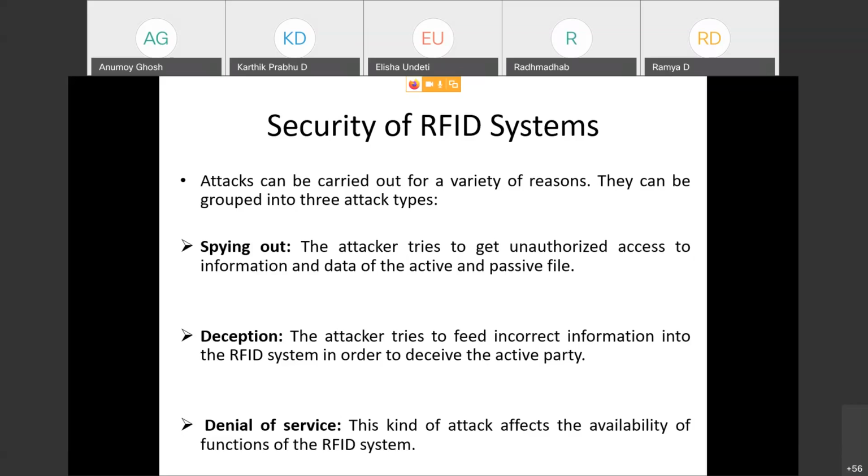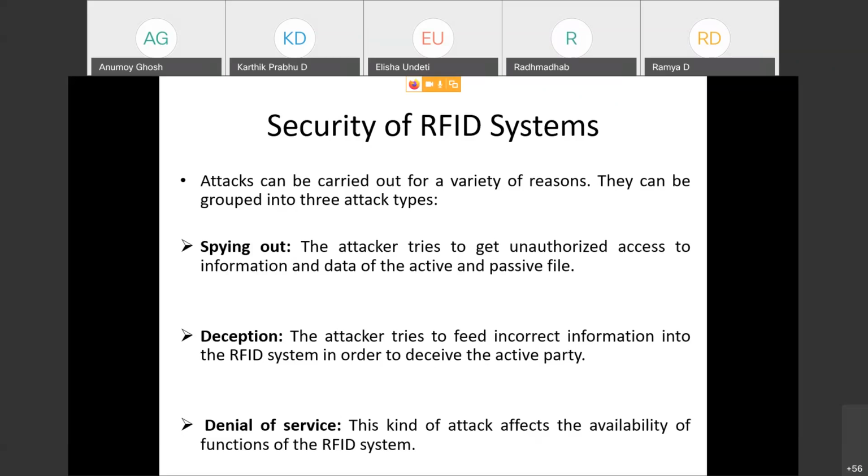For each of the lakhs of cars, lorries or buses, the money is deducted, and the information of the deducted money is kept in the controller. Now if any attacker gets unauthorized access to that controller, then what can he do? He can route the entire financial transaction to his account.